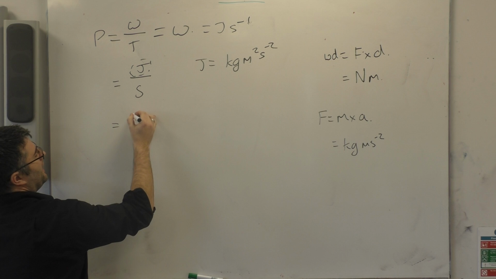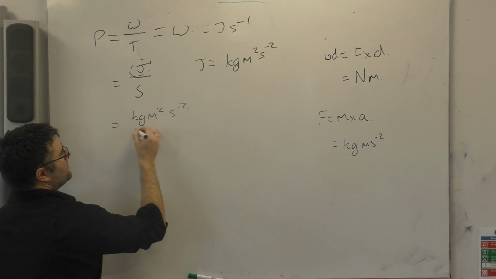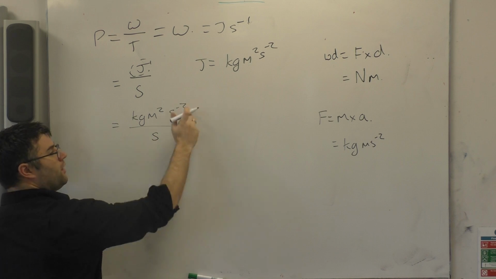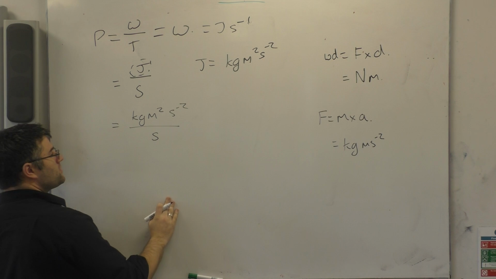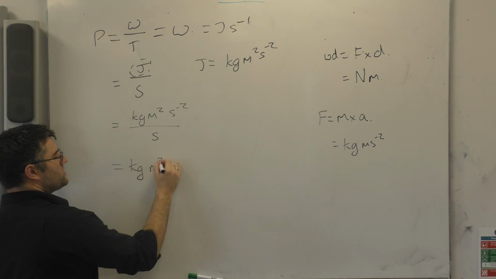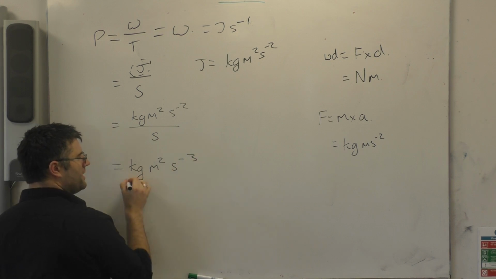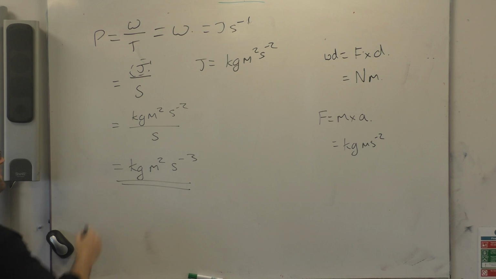We can go kilogram meters squared seconds to the minus 2 over seconds. Hopefully you can realise when you have an over second, that's like to the minus 1, so we can add another one on there. So that gives us kilogram meters squared seconds to the minus 3. And that is the base unit of power, otherwise equal to a watt or a joule per second.